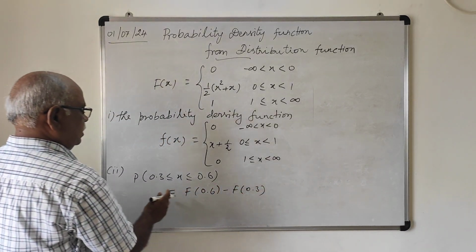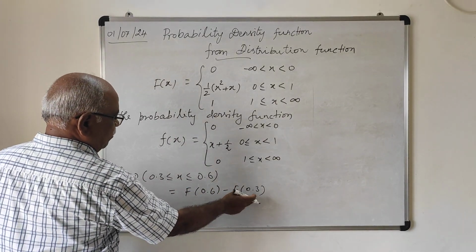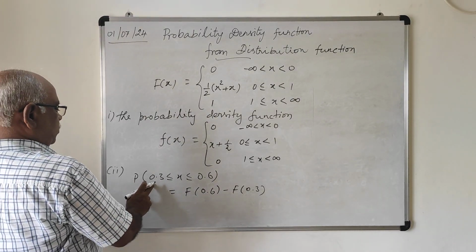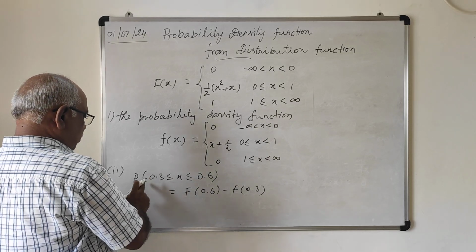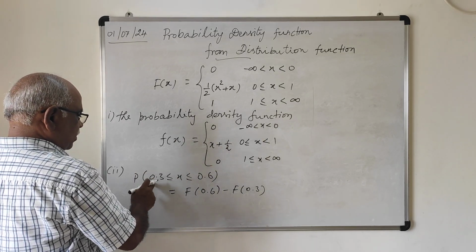This is the definition. You know the formula: the probability of A less than or equal to x less than or equal to B is F of B minus F of A. That is our property.